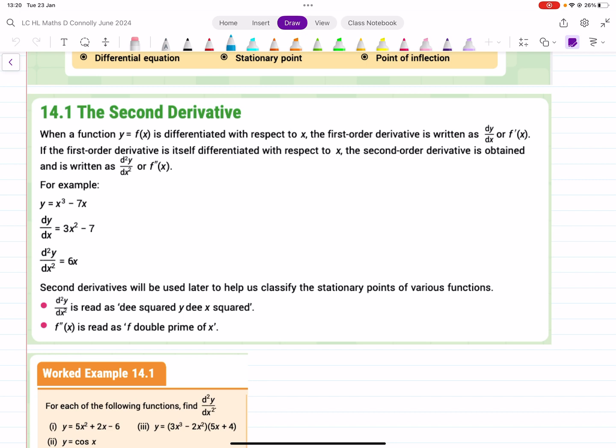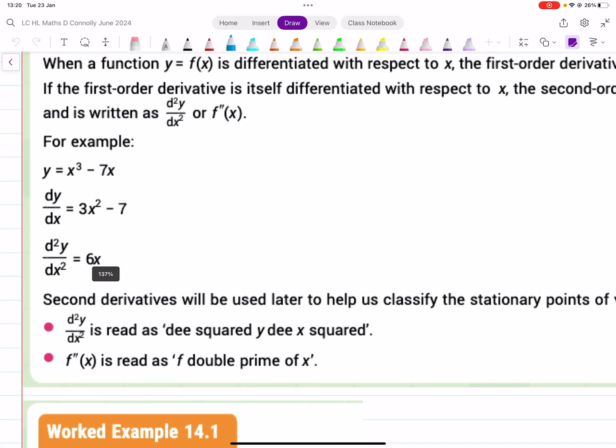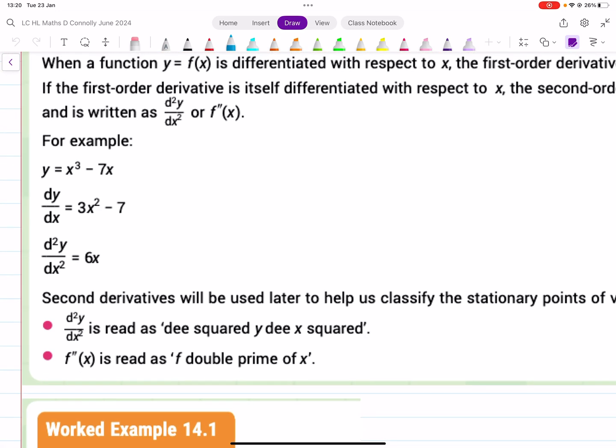So the second derivative is literally what it says it is. You differentiate twice. So, oh look, they have a nice simple one here. If y is x cubed minus 7x, then we know dy/dx is 3x squared minus 7.